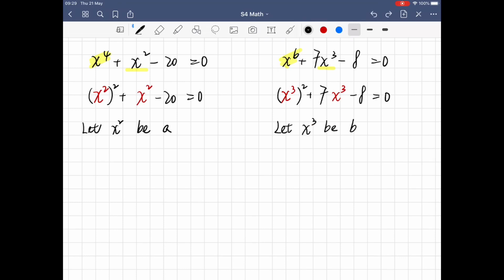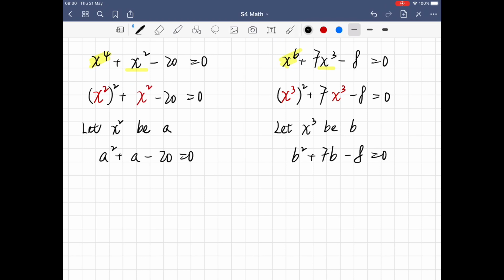Therefore, the equation will be further simplified into a squared plus a minus 20 equal to 0. And for the second one, it will become b squared plus 7b minus 8 equal to 0. Using the knowledge of solving quadratic equations, we can solve these two equations. I will finish the first one first.